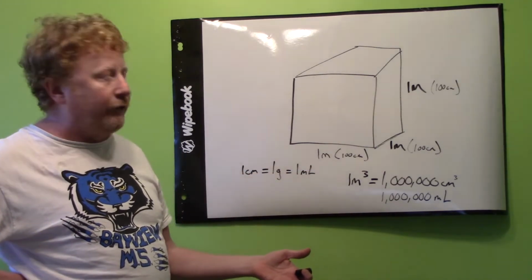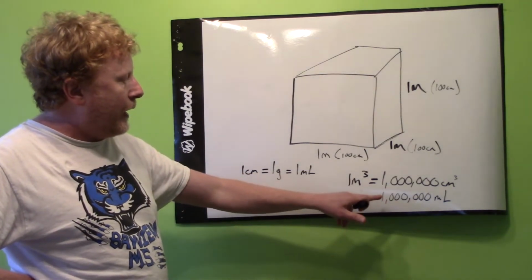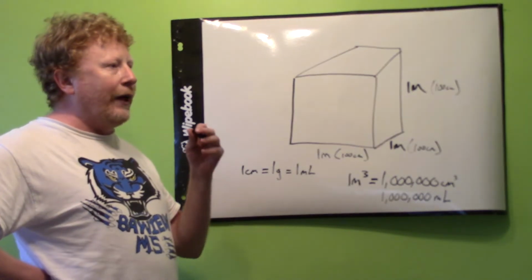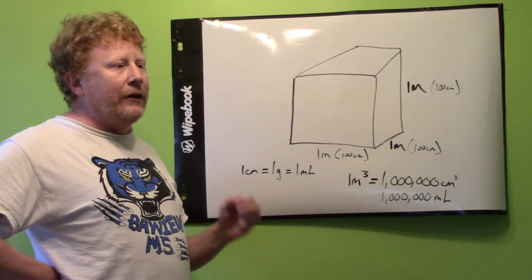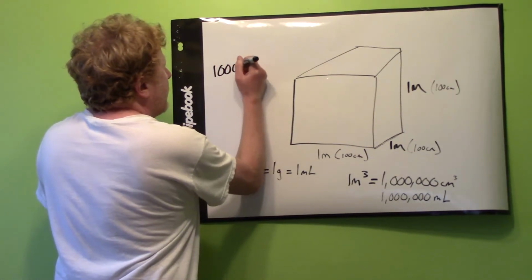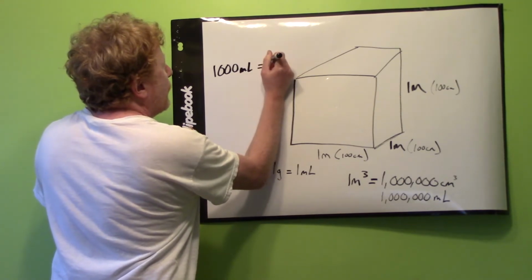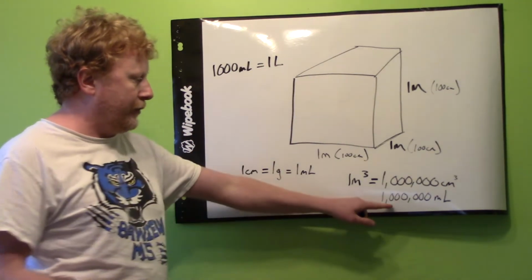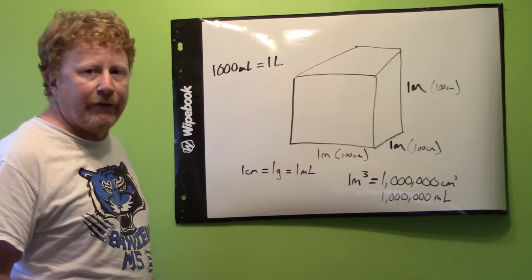But now I want to convert the number of milliliters into liters. And I know that 1,000 milliliters equals 1 liter. So I just divide this number by 1,000 to convert it.